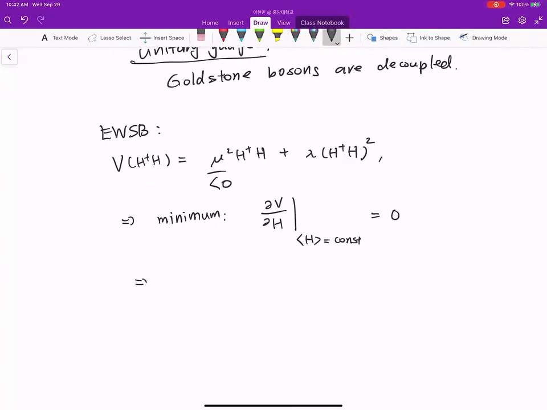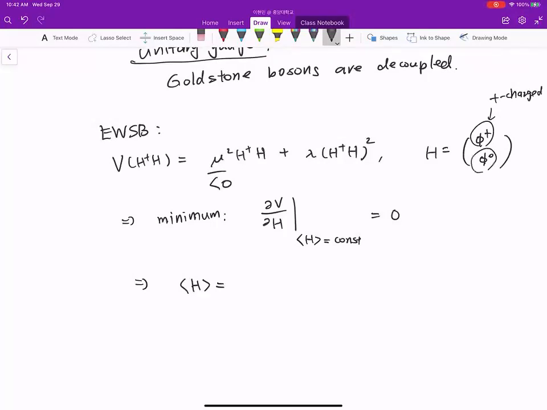And then as in the simple local U1 symmetry, you can find the Higgs... here we need to be careful about assigning the vacuum expectation value, because instead of one complex field, there are two complex fields, and in the upper entry we have a plus charged scalar field.